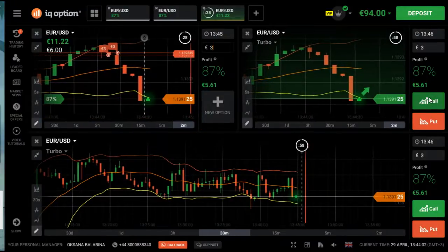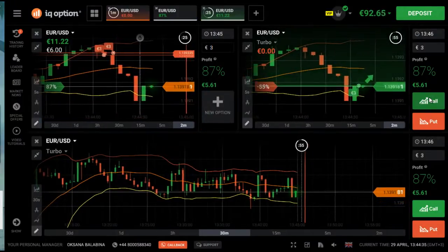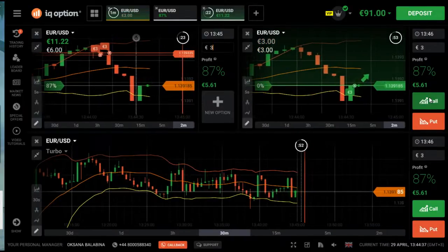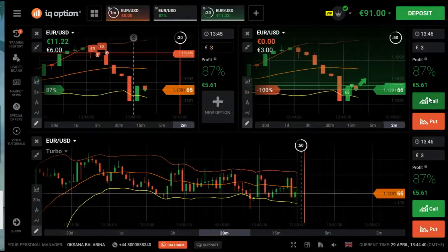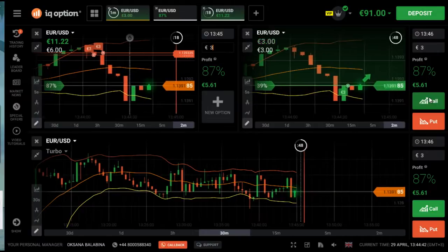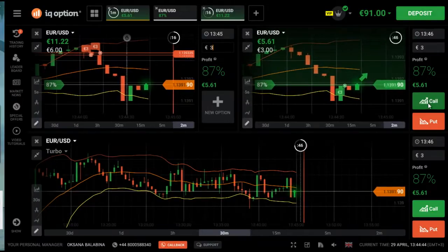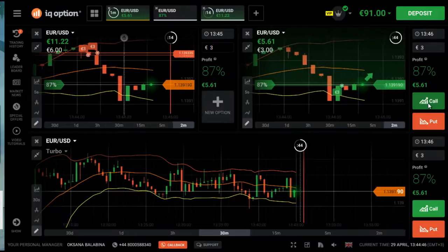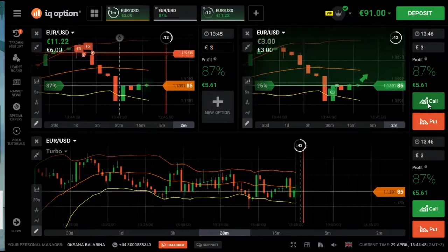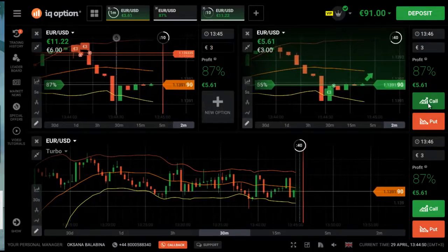What I'm doing here is pretty much a risk-free setup or strategy, whatever you want to call it, and my trading amount is €3.